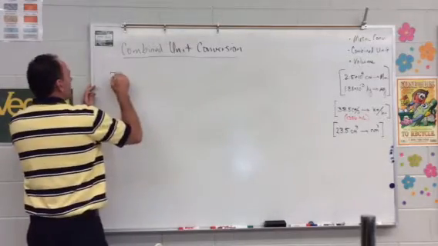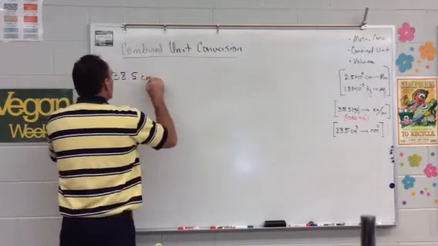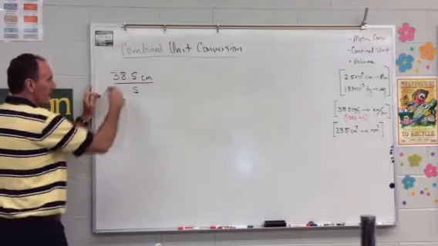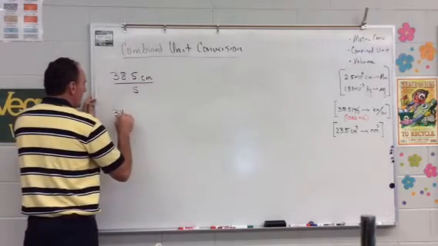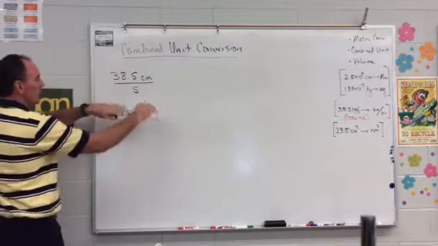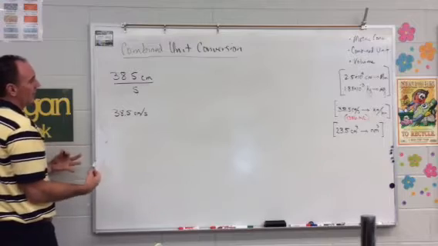So I'm going to say we have 38.5 centimeters per second. You have to be careful with this, because a lot of times this number will be reported as 38.5 centimeters per second. Make sure you rearrange that to show the true numerator and denominator where they're located.